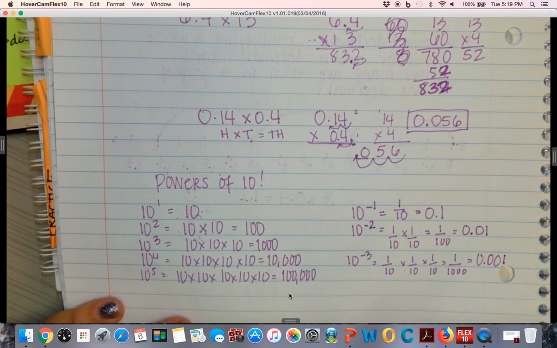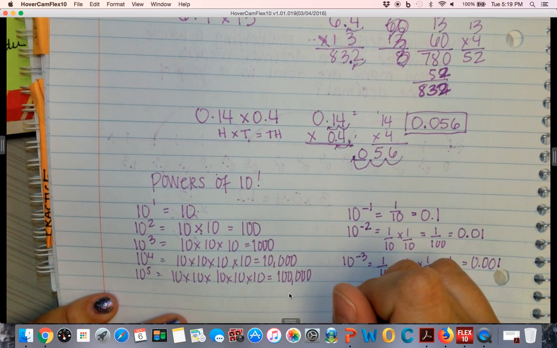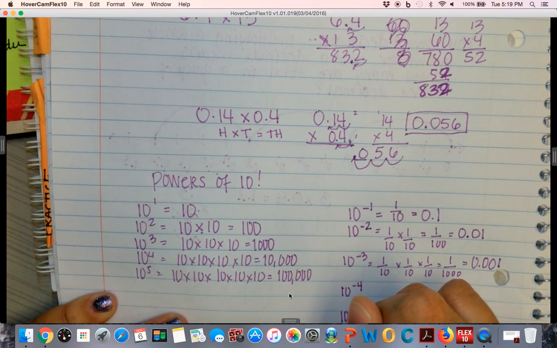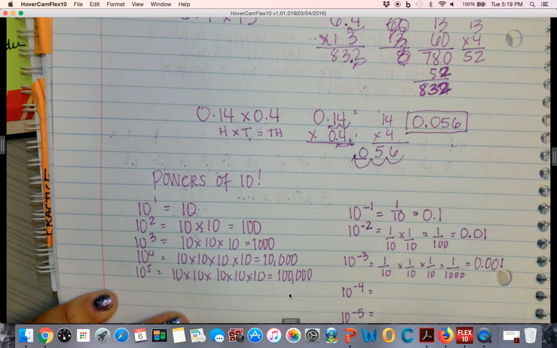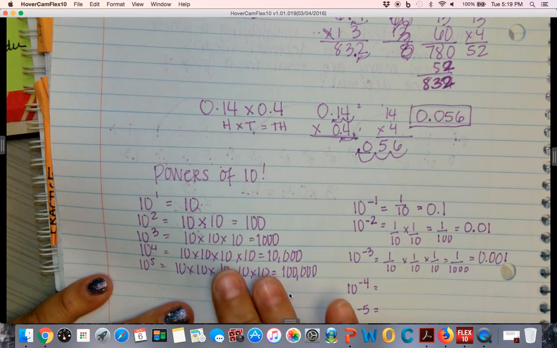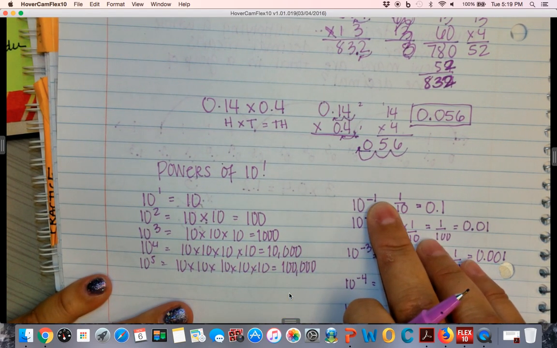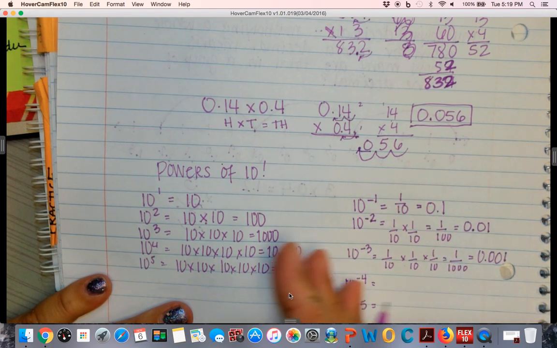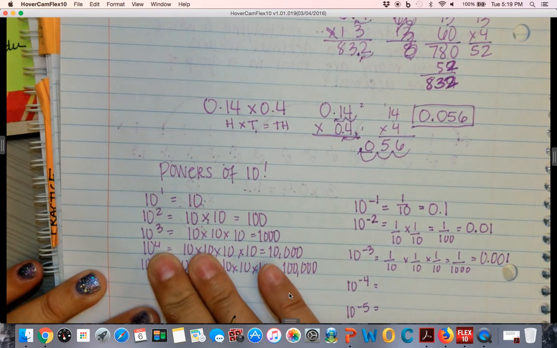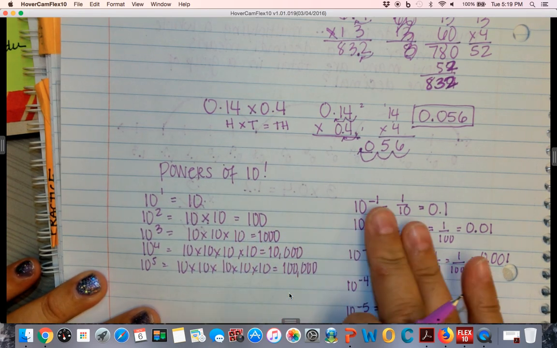Now I want you to finish this off by doing 10 to the negative 4 and 10 to the negative 5, just like I did, so you can start to see the pattern and how it compares. So if I go to a negative power, I'm moving my decimal the opposite way. Positive makes my numbers larger.